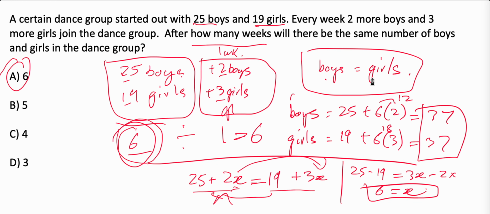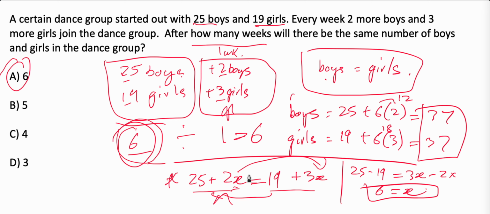So either solving by using methodology number 1, you find the difference between the two from the beginning, divided by the difference per week, you have 6 weeks. Or you can formulate it into an equation, and then you solve for x, and x is 6, so that's the answer.